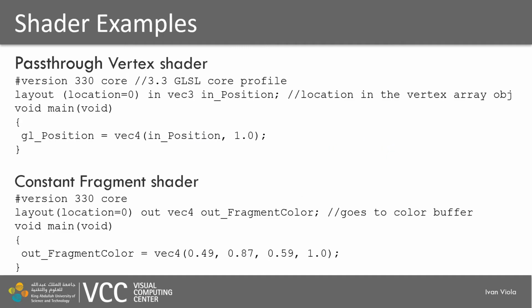Let's have a look at how the vertex shader and the fragment shader can look. Of course, we need to set them up properly from the host application, but once we do that, we also need our shader program codes. How they look is indicated here. These are the simplest vertex and fragment shaders.